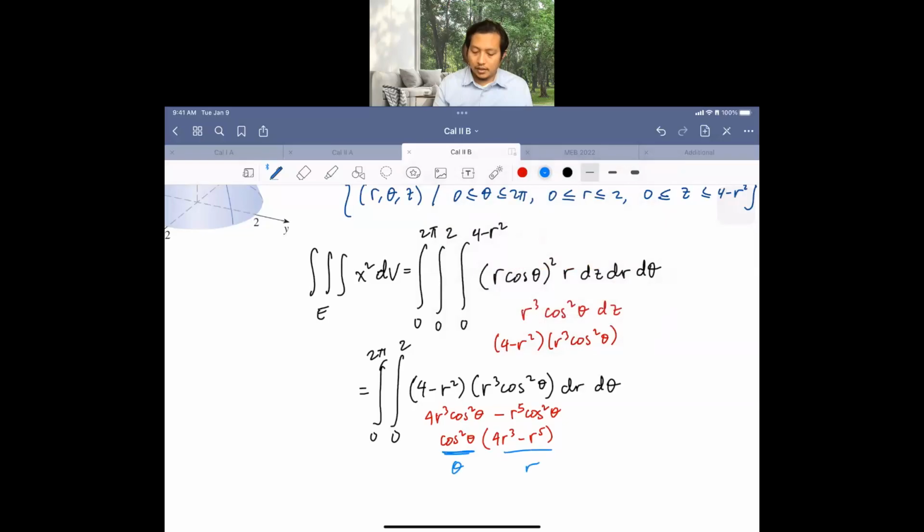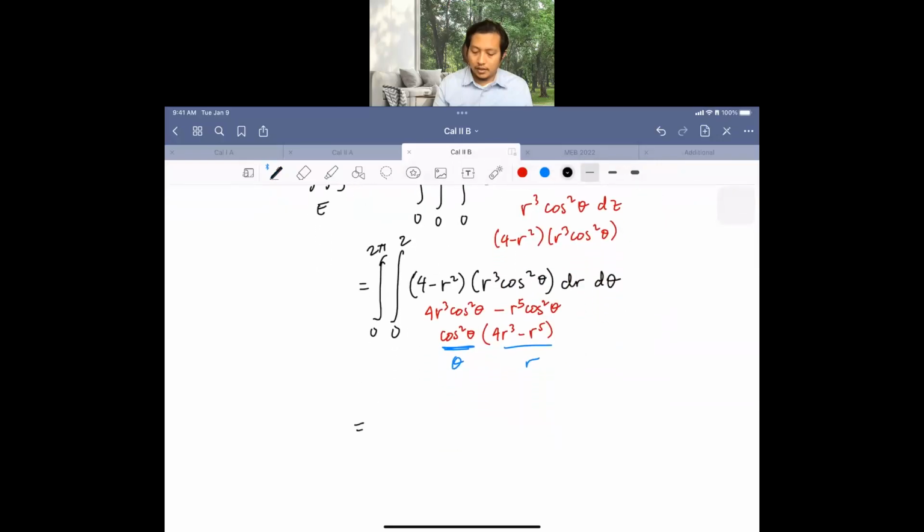So we could separate dr and d theta. So we could write the integral from 0 to 2 pi of cos squared theta d theta, and the other one from 0 to 2 of 4r cubed minus r to the fifth dr. And I think we can follow just normal integration.